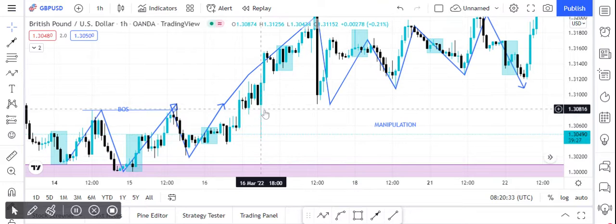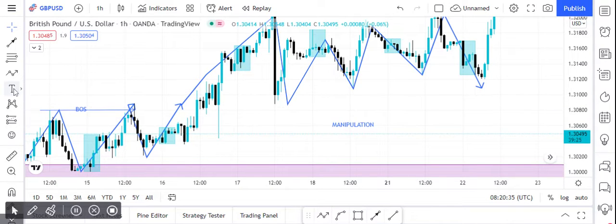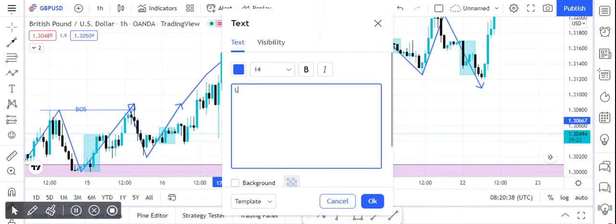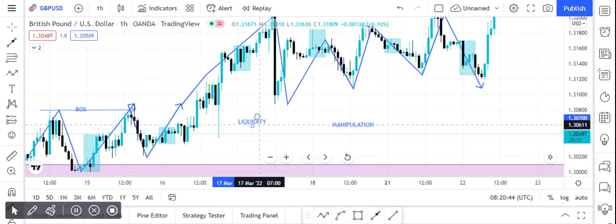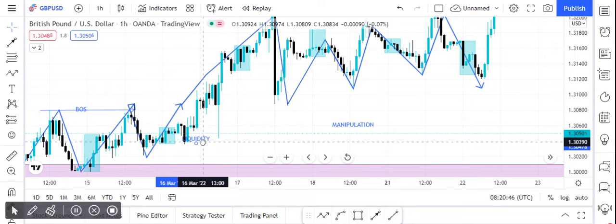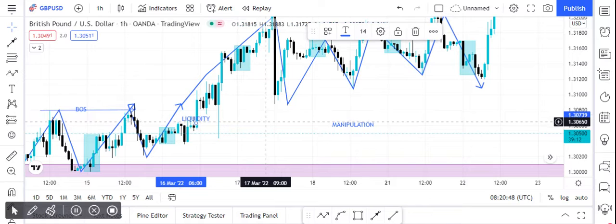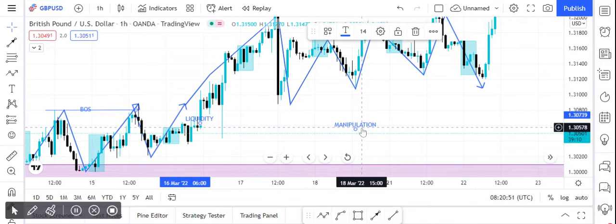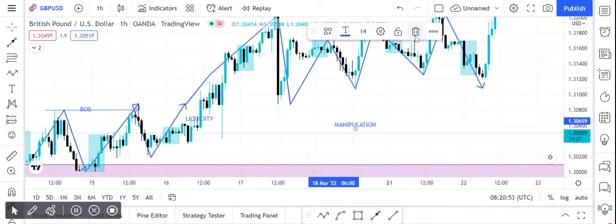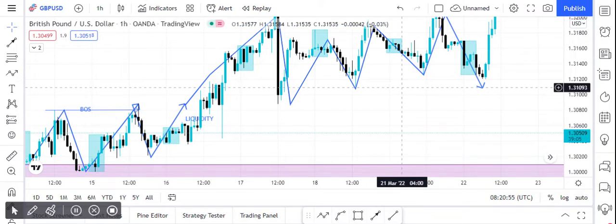It has grabbed liquidity. This is a liquidity grab. So here there's liquidity. If you don't understand liquidity, kindly go and learn it. In terms of the forex market, it's good that you understand liquidity, because liquidity is everything.